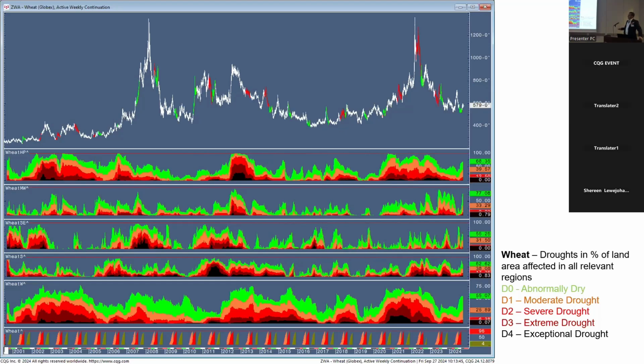And at the bottom here, we'll see different processes which are characterized in orange and in red. So it's basically the times that interest us in that particular aspect. So when is wheat at its most critical point, and when is it most at risk of drought?